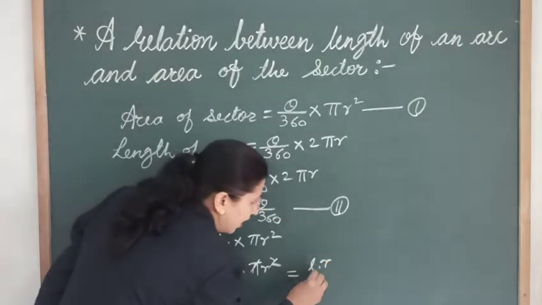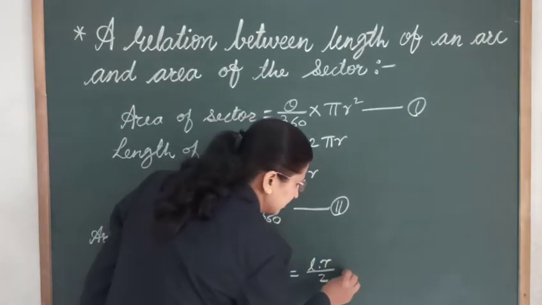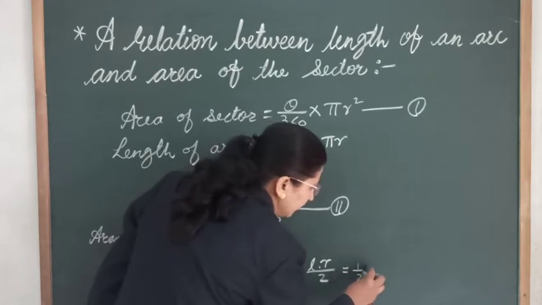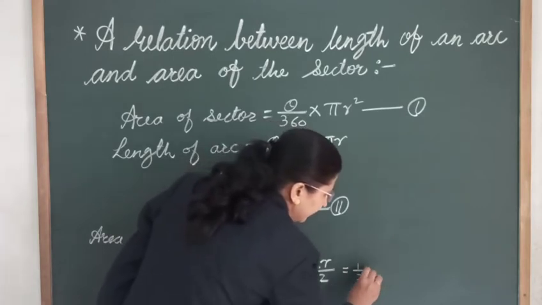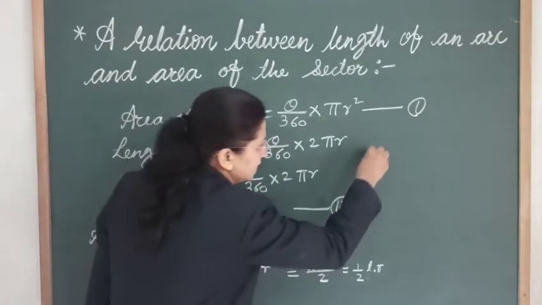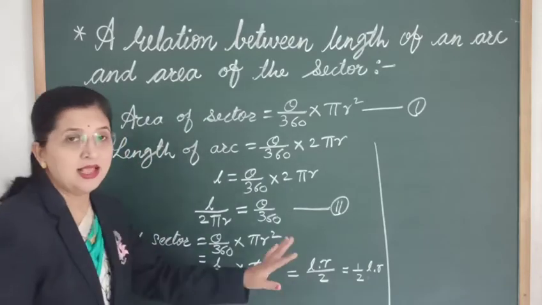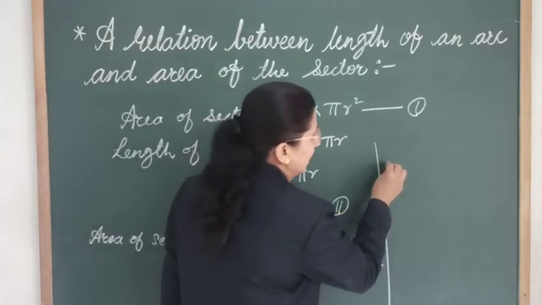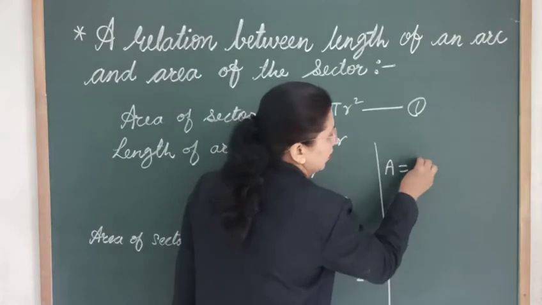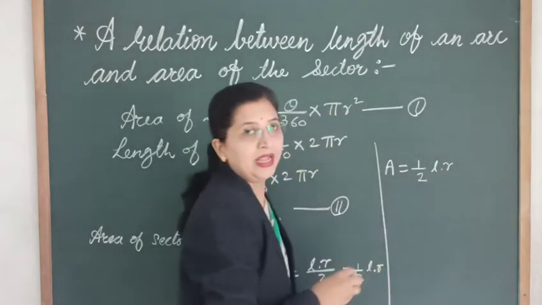L into r upon 2. Same thing we can write in this way also, 1 upon 2 into L into r. Okay. So dear students, in this way we got the relation between the area of sector and the length of arc. What is that? Area of sector is equal to 1 upon 2 into L into r.